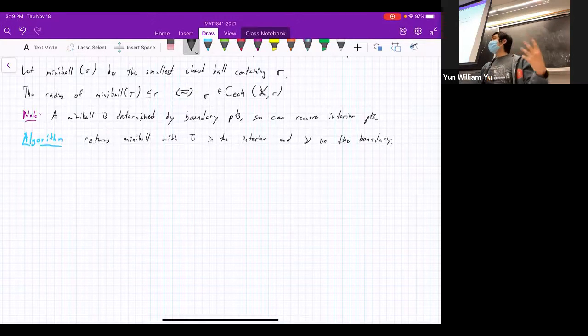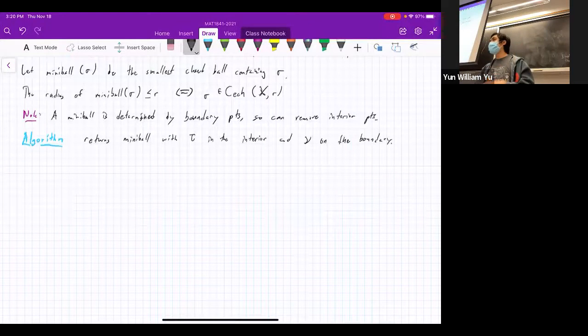Now this function is going to return something slightly different than our original function. Originally, we wanted just some way of computing the mini ball of some set of points. Now we define this algorithm recursively so that it works from some collection of interior and boundary points. Obviously, you don't need to worry about the interior points, so you can just discard them.